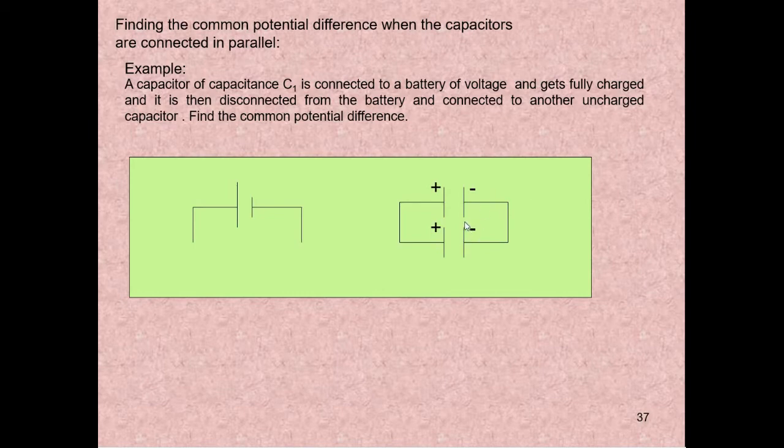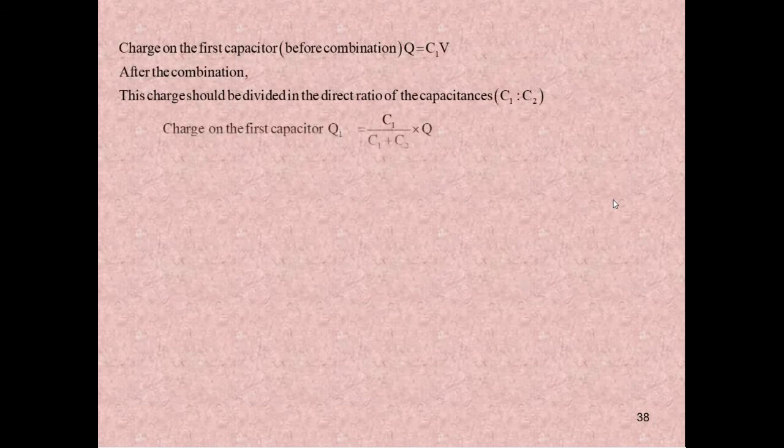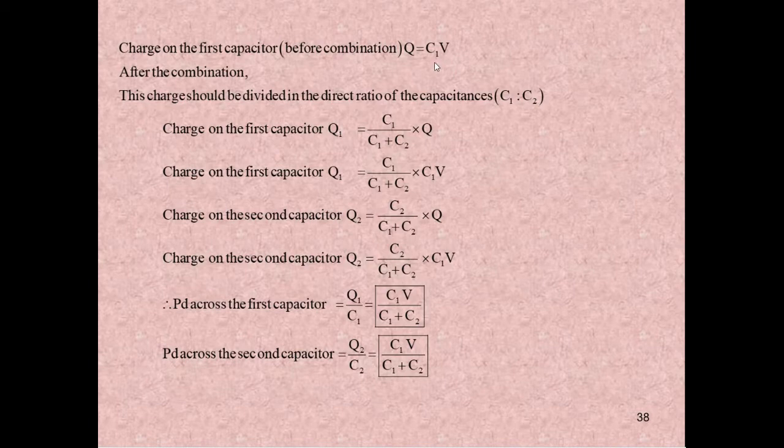Both the PDs will come out equal. This is using the charge sharing process, assuming the total charge C1V is shared as per the direct ratio of capacitances.